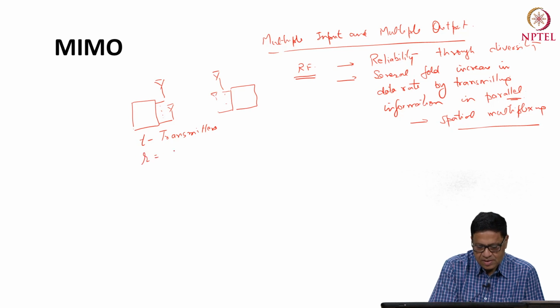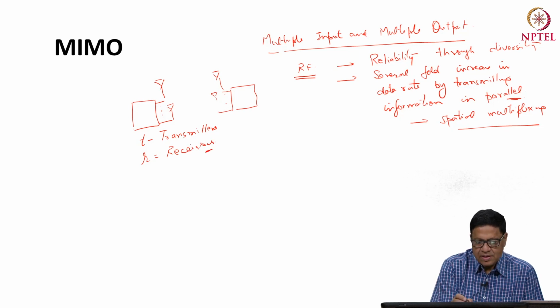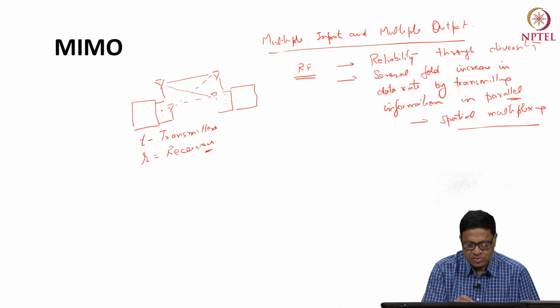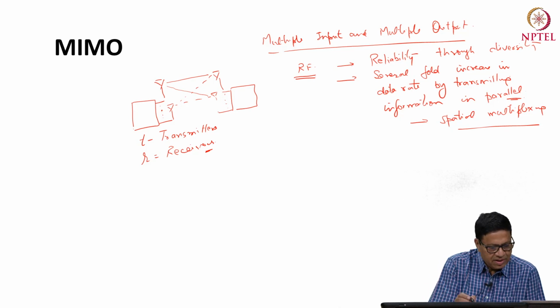Assume there are R receivers. The signal goes to this antenna, for example. It also goes to all the antennas. Similarly, signal from here goes to this antenna and this antenna. And there are many antennas. So we have assumed T transmitting antennas, and R receiving antennas.